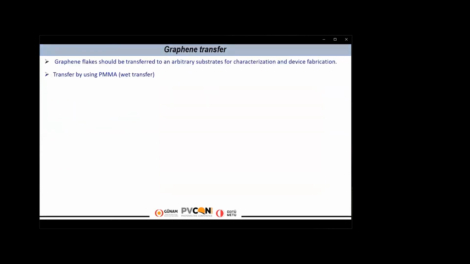The graphene layer should be transferred for solar cell fabrication. For the transfer, we are using a wet transfer technique, which is called polymer supported transfer. The polymer we used is PMMA. To begin, copper was coated with PMMA by spin coating.